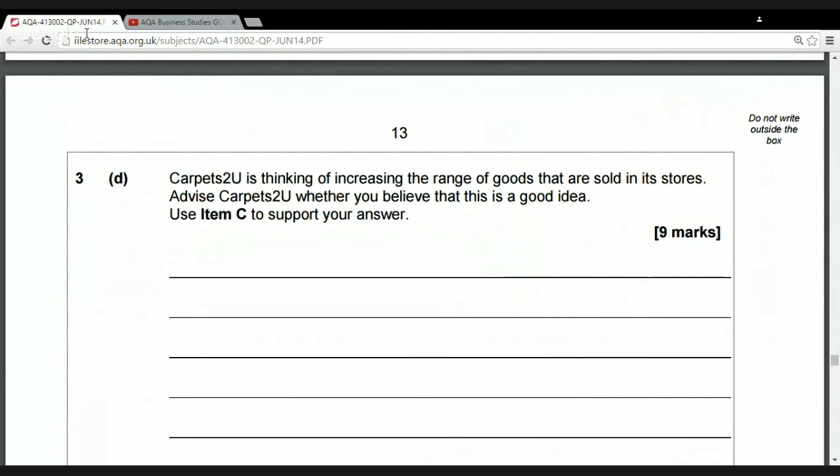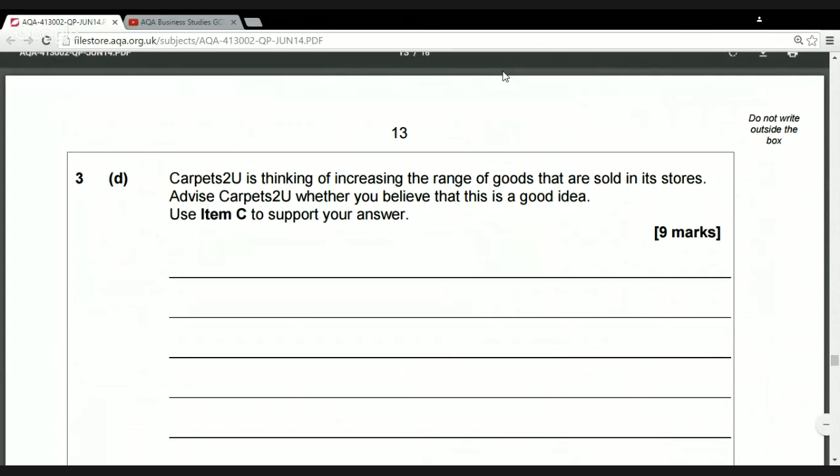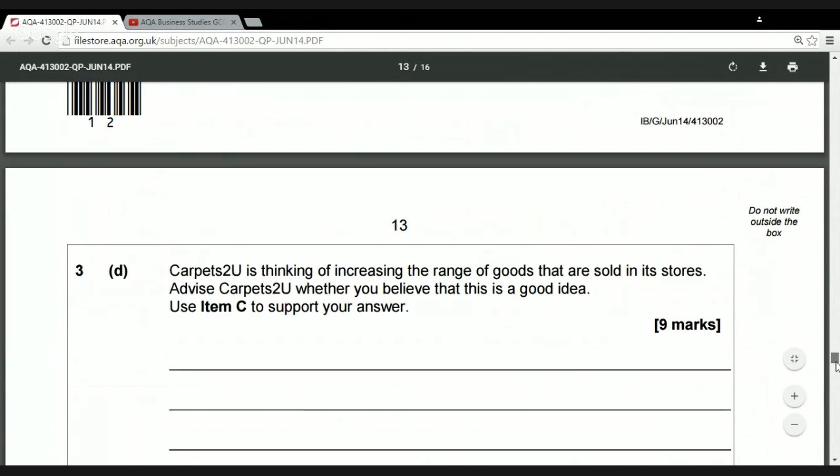So you could go into all the negatives of them not opening up the new range, and also see some of the advantages. What could be some of the advantages of them staying with what they're selling at the moment?